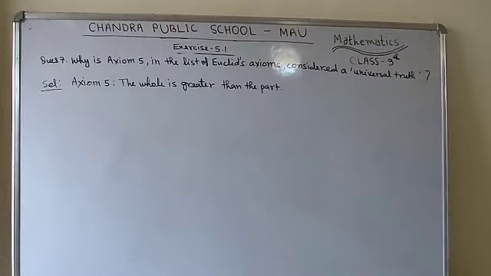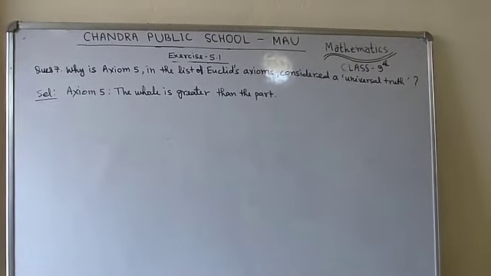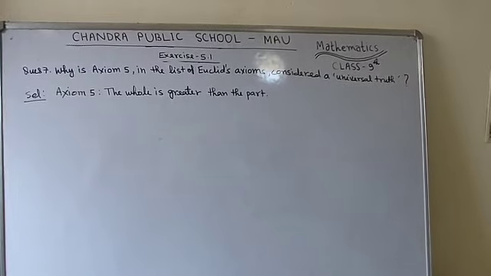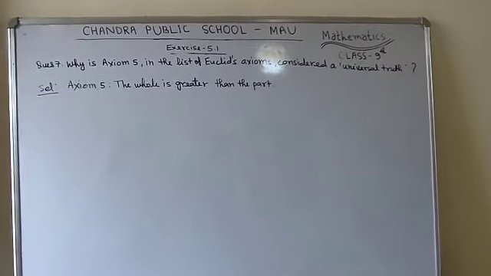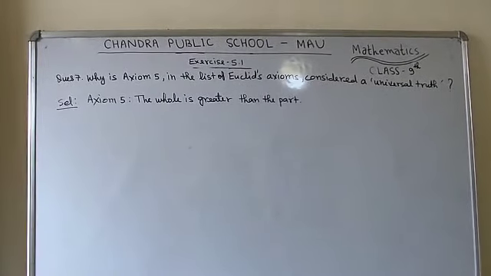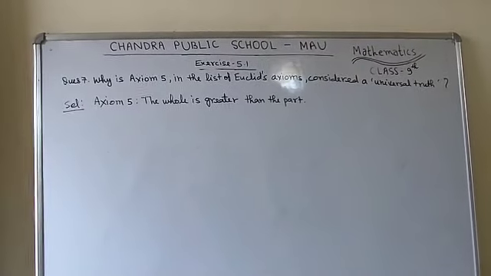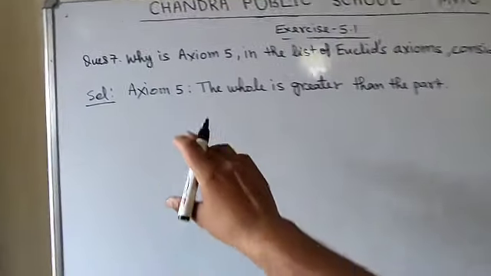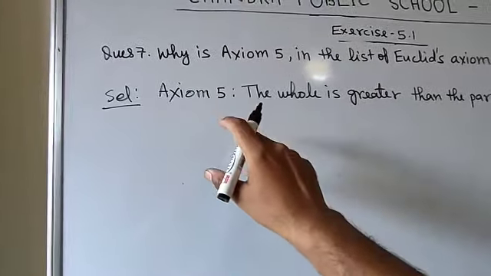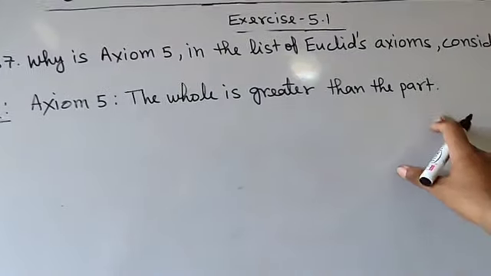Now students, here is the last question of exercise 5.1. Why is axiom 5 in the list of Euclid's axioms considered a universal truth? So students, I had given the definition of axiom: the statements which are taken as universal truth are called axioms. Axiom 5 was given as: the whole is greater than the part.